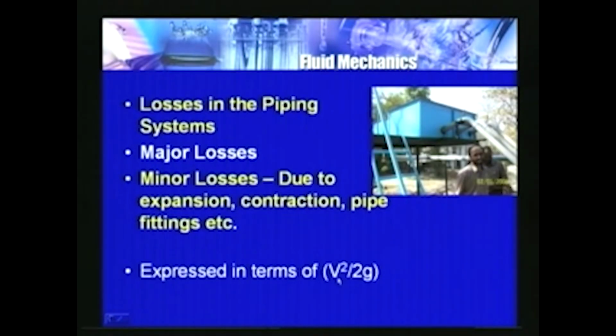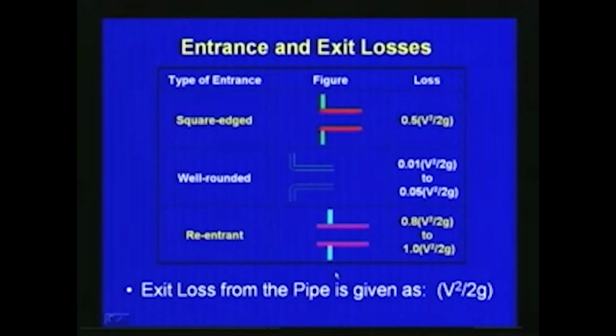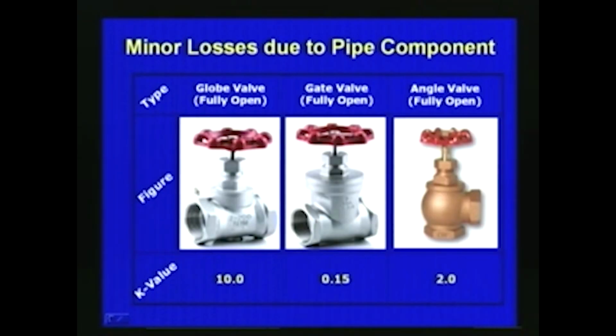So depending upon the valve or gate, this K value is put here, approximately depending upon the material. So this K value will vary depending upon the material, what kind of smoothening, or the way of construction of the valve. So some of these standard available values of K are written here.